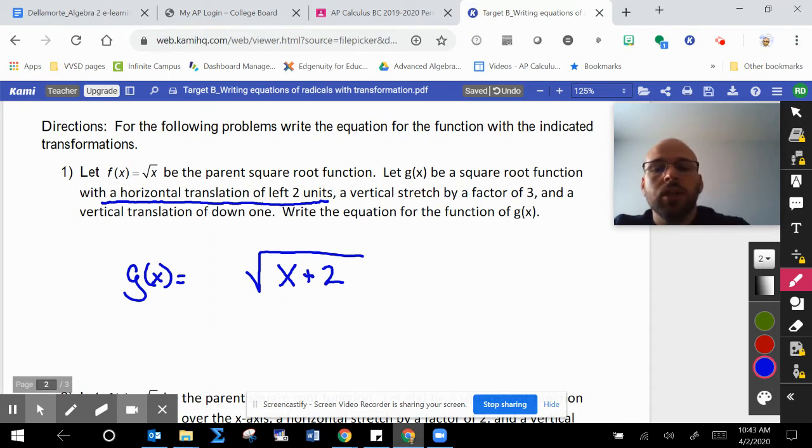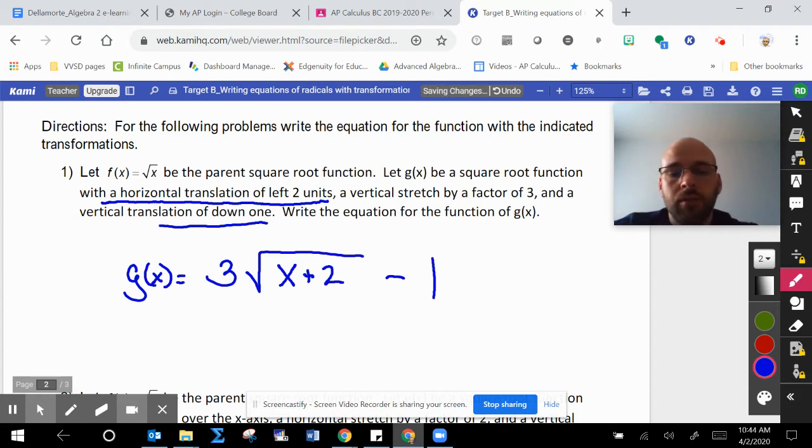The next transformation is a vertical stretch by a factor of 3. All vertical stretches are dilations, so that's going to be a multiplier on the outside of 3. And last but not least, I want to go down 1 unit. So at the very end, outside of the radical, we need to subtract 1. And that would be the function with the given transformations.